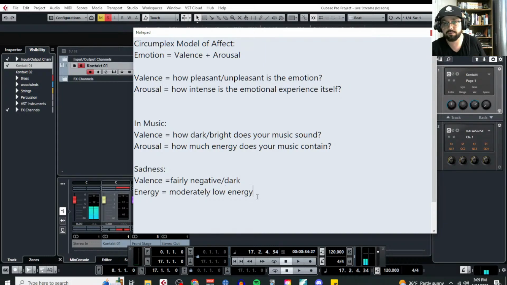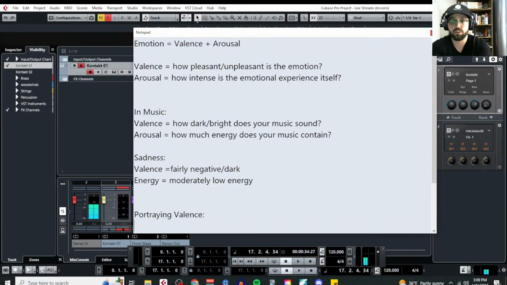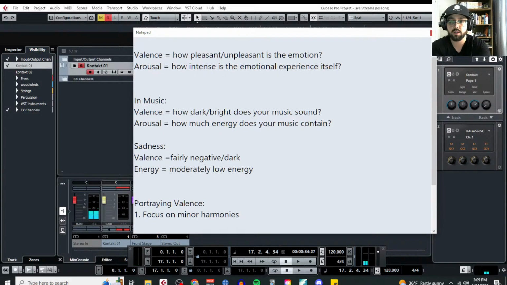So valence is pretty simple. You have two big strategies. One, focus on minor harmonies. And two, portraying, I should say, dark valence, because a happy valence would be different. I'm going to focus on minor harmonies, and I'm going to focus on darker intervals.